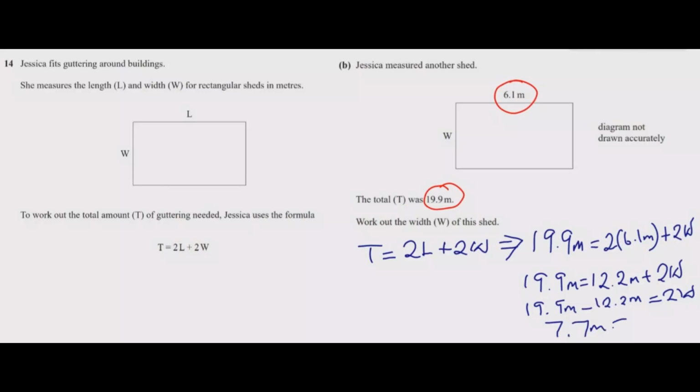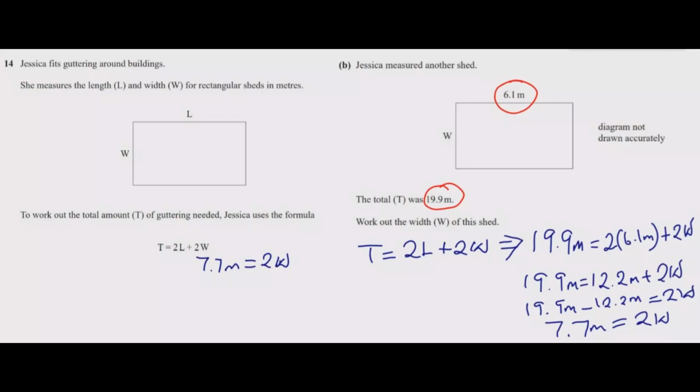Meters is equal to 2W. Okay, now because of lack of space there, let me write this one here. 7.7 meters is equal to 2W.